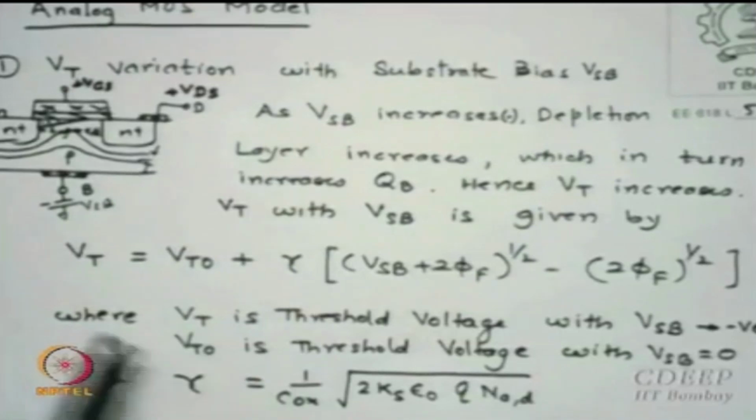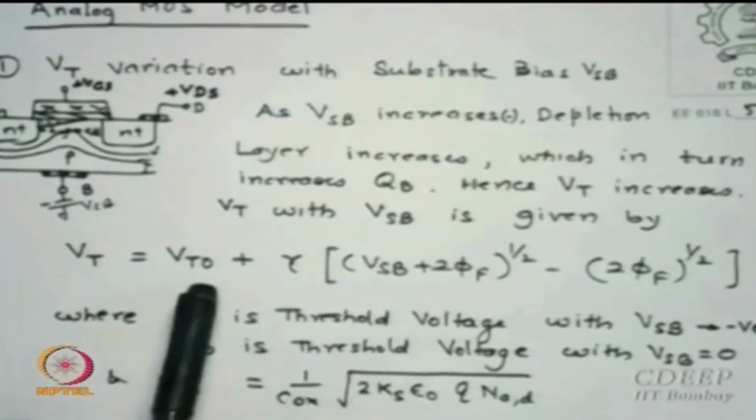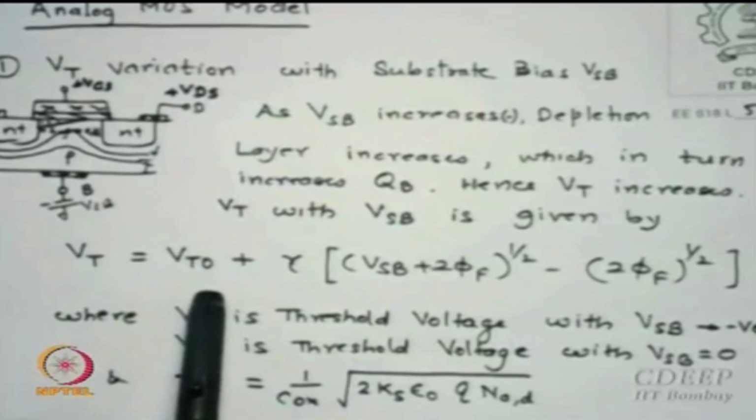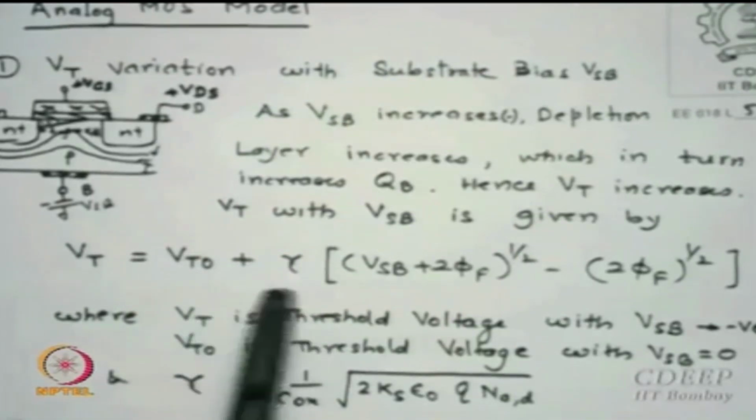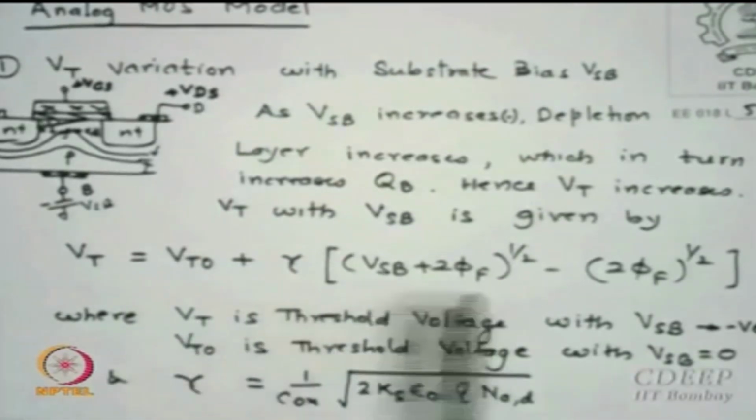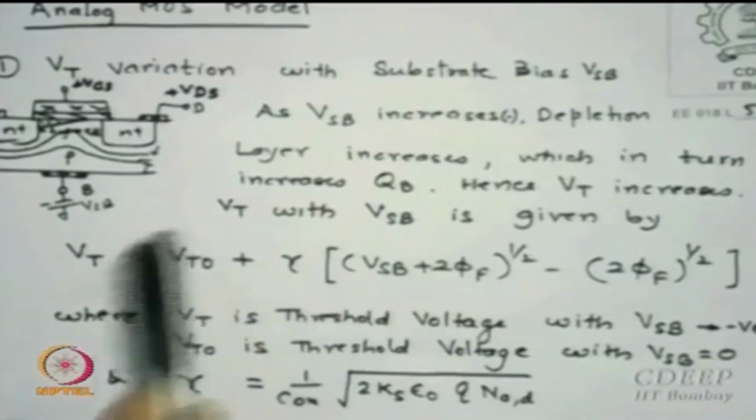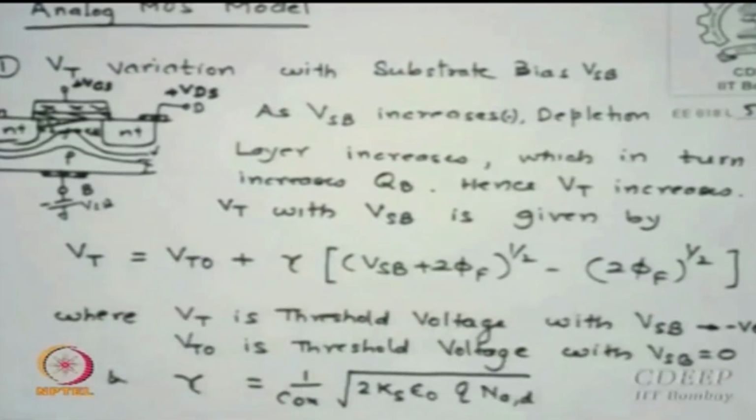Now this essentially means that the new Vt with the additional minus VSB sitting there will be Vt0, the zero bias Vt which we were normally considering, plus gamma times something. What is this? This is the original plus how much additional Vt contribution will come because of the additional charge available to you.